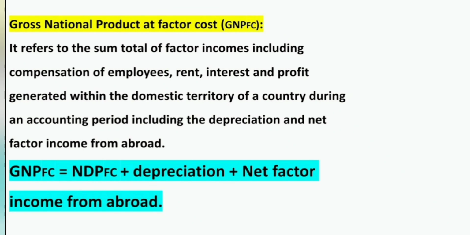So, GNP at factor cost is equal to domestic income, that is NDP at factor cost plus depreciation, it will become GDP at factor cost plus net factor income from abroad. The domestic concept will become national concept, or you can calculate in an easy way GNP at market price minus net indirect taxes, you will get GNP at factor cost.